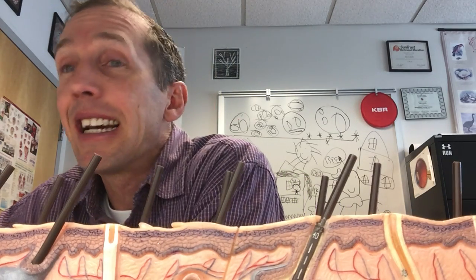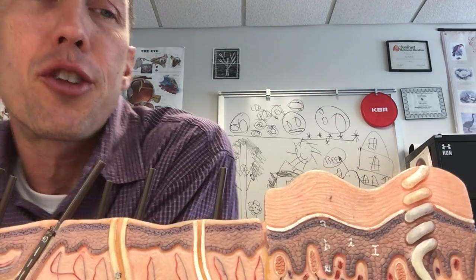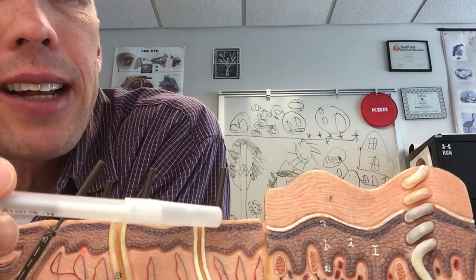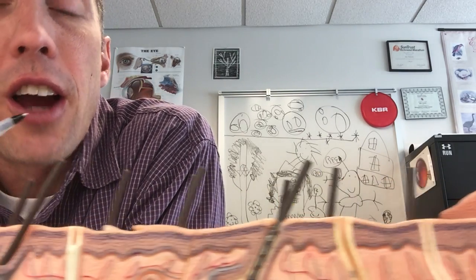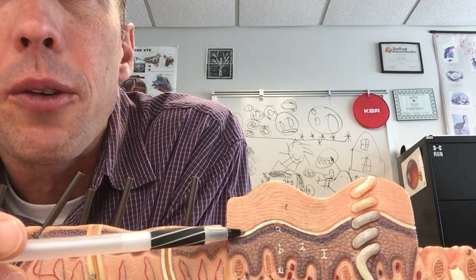Thin skin is very similar, except the layers overall are skinnier, especially the stratum corneum. I mean, look at the stratum corneum in thick skin, then look at that same stratum corneum in thin skin. Big difference. The other big difference is the fact that the stratum lucidum, the whitish layer right here, is not found in thin skin.